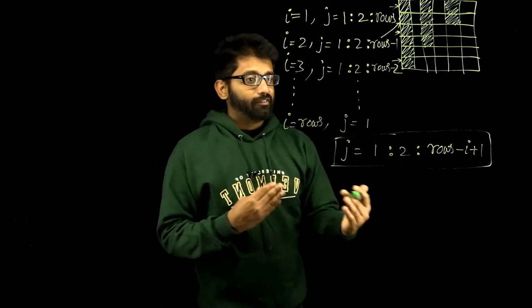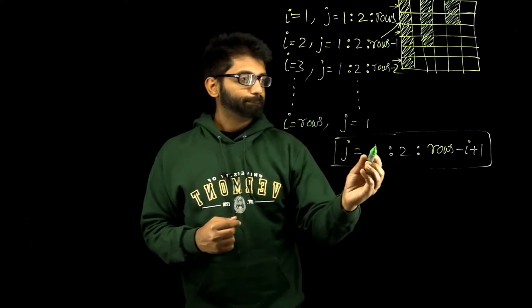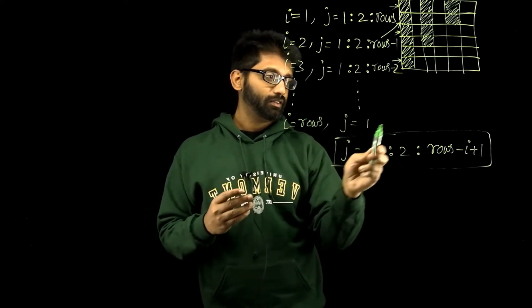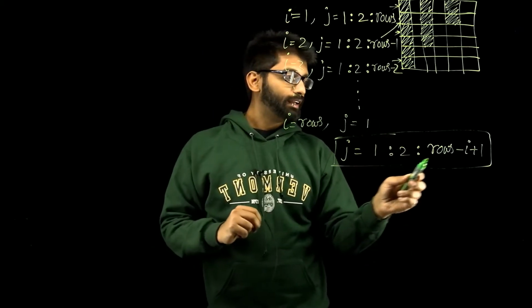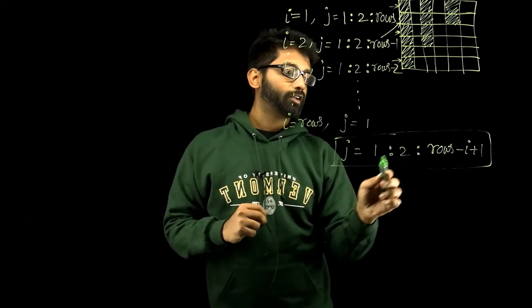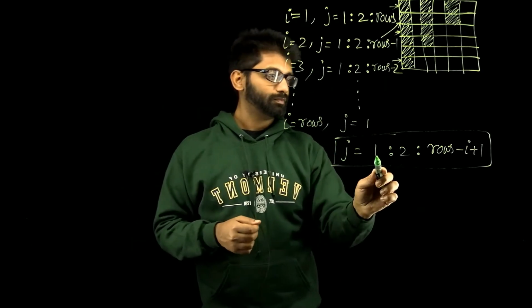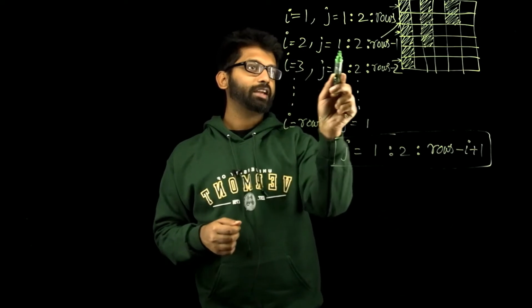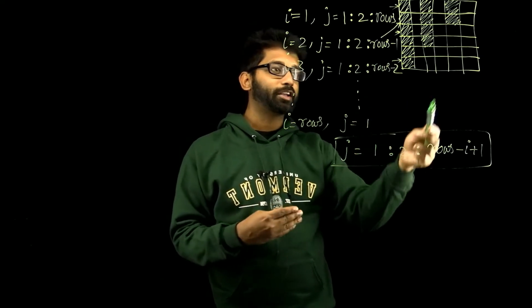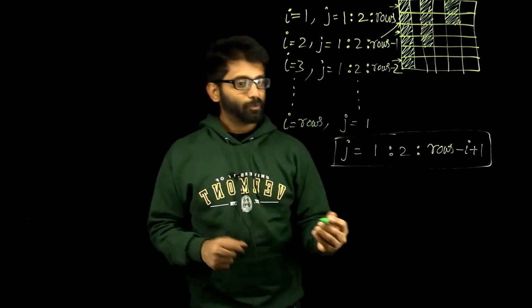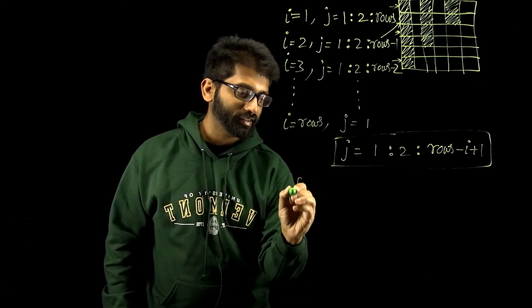So it looks like we arrived at our solution. Let's validate this. When i is 1, this condenses to 1 colon 2 colon rows, which is true. When i is 2, this condenses to j equals 1 colon 2 colon rows minus 1, and so on and so forth. Now all we have to do is write nested for loops.